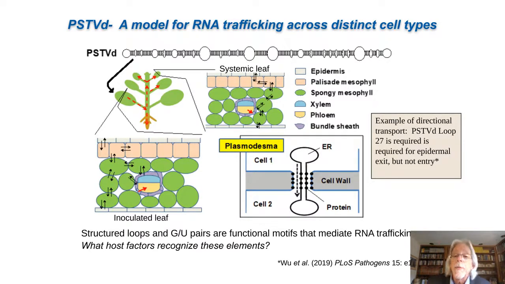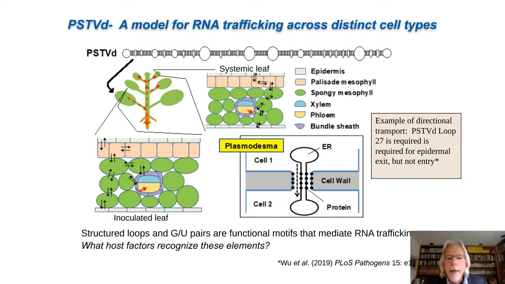So just to amplify that point, this is a diagram of a cross-section of a leaf. In this case, it's an inoculated leaf. We typically inoculate on the epidermis, which is the upper grayish cell layer there that you see. And the viroid needs to move out of that layer down into mesophyll cells below.